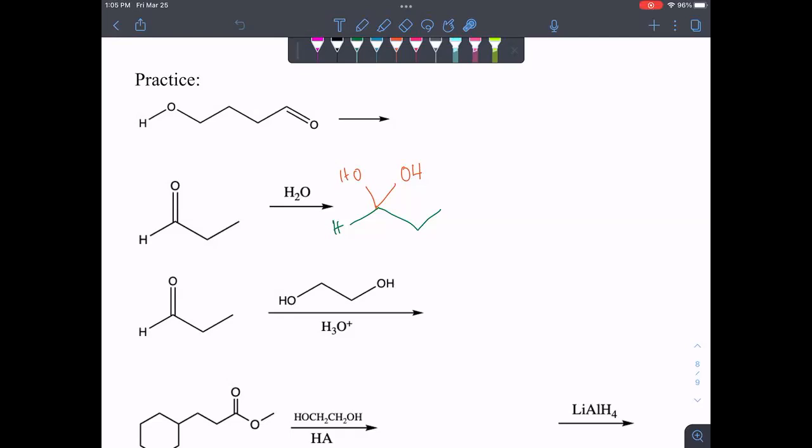It's going to form a hemiacetal, so this would be acetal formation, that's all.